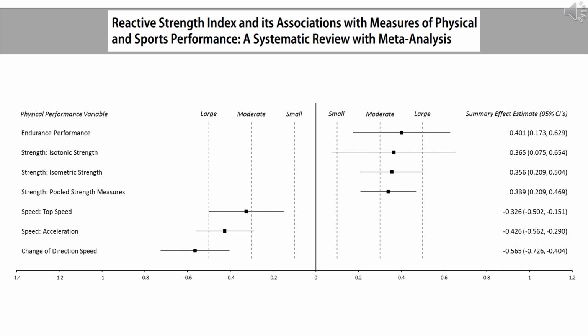Generally, these are typically quite small, and the reason for that is probably because we have raw data in terms of something like movement economy, newtons for isometric strength, or kilograms lifted for strength, or time for top speed, time for acceleration, or time for change of direction speed.